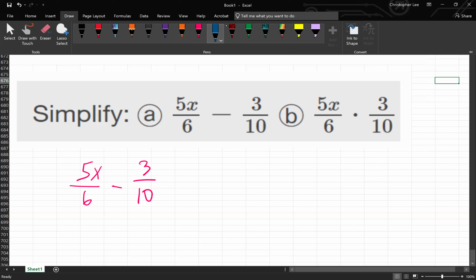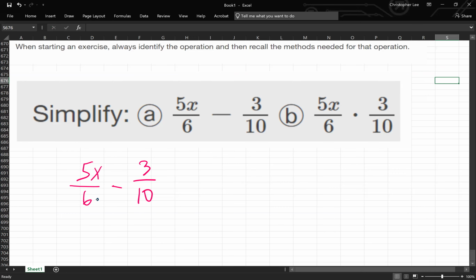What is it? 60 is good, but there's one better than 60. 30. All right. So 6 times what is 30? 5, right? What you do to the bottom, you do to the top. 10 times what is 30? 3, right? What you do to the bottom, you do to the top.